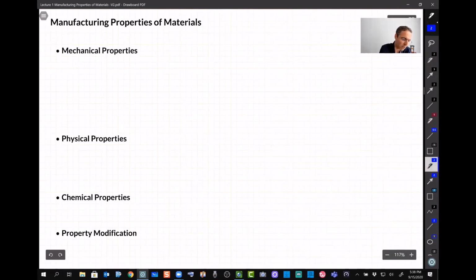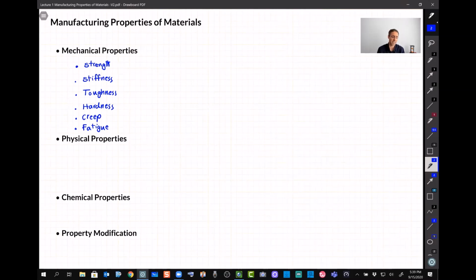And as I said before, with mechanical we talk about strength, stiffness, toughness, hardness, creep, and fatigue. How many? 1, 2, 3, 4, 5, 6. So six basically. Again, all of you are familiar with most of these.